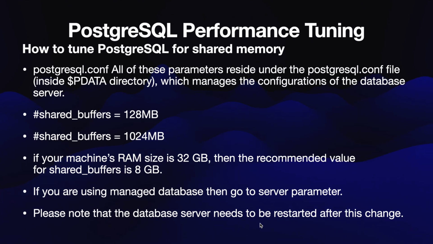You need to open that file and you can search for shared buffer. Usually it will be in commented mode the very first time, and the default value will be 128 MB. You can allocate 25% of your memory.